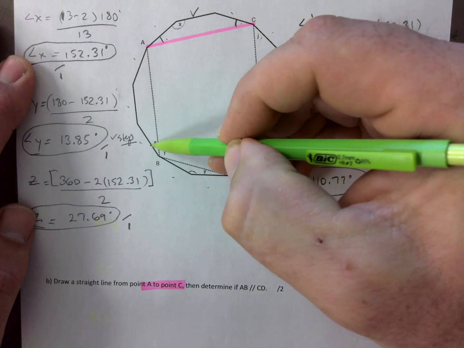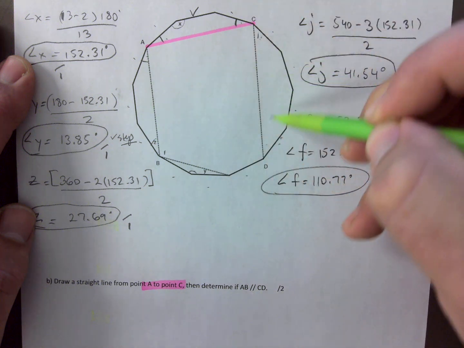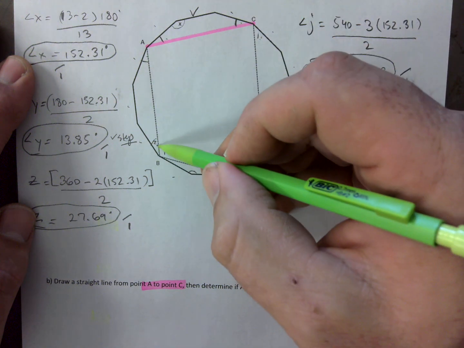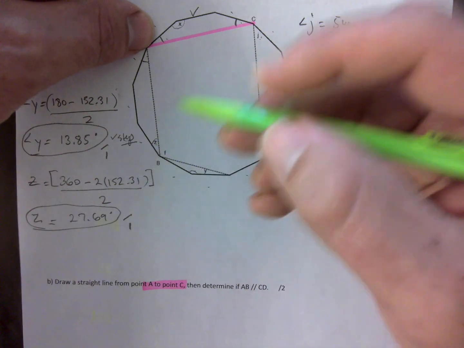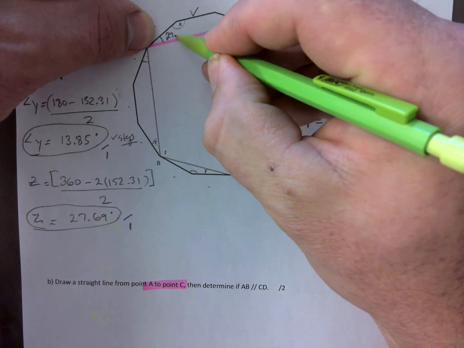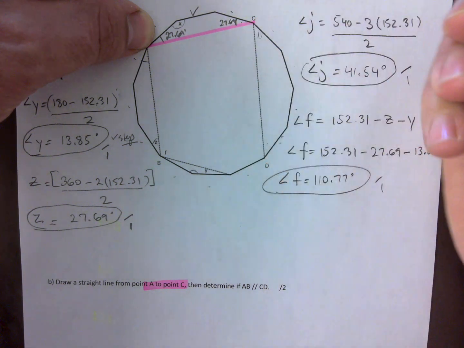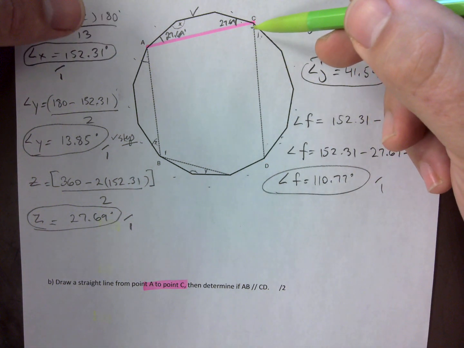They're the same, and they're the same as these two here, correct? Because it doesn't matter where you make another trapezoid, it's going to be the same. So we know that this angle here is going to be 27.69. 27.69. That's part of your work there.